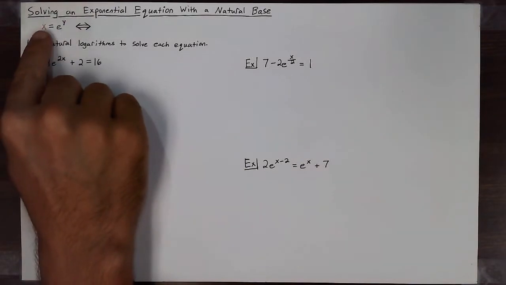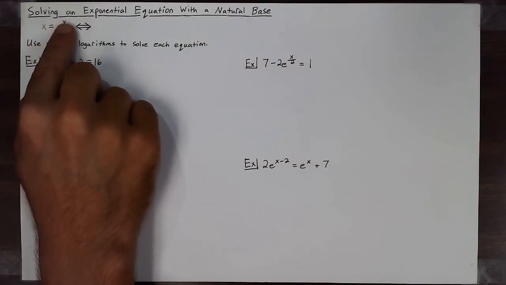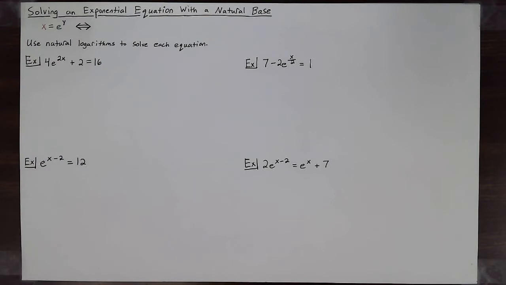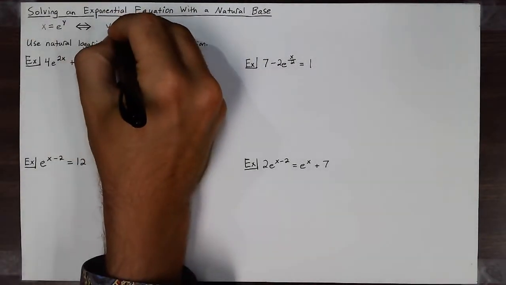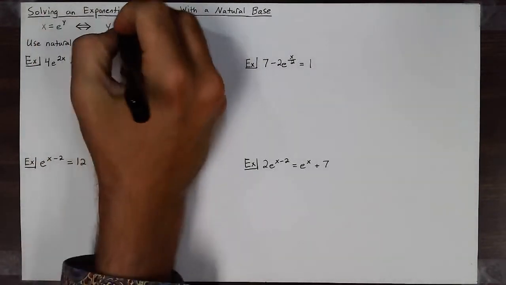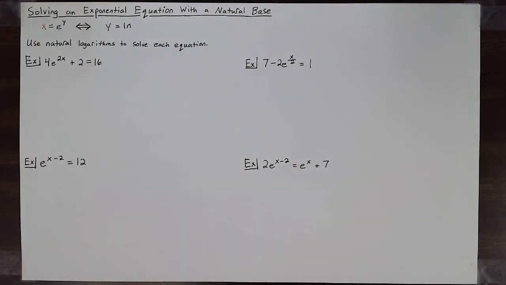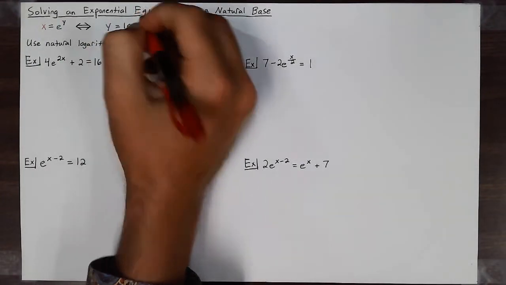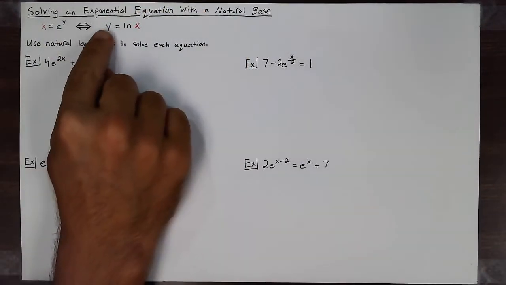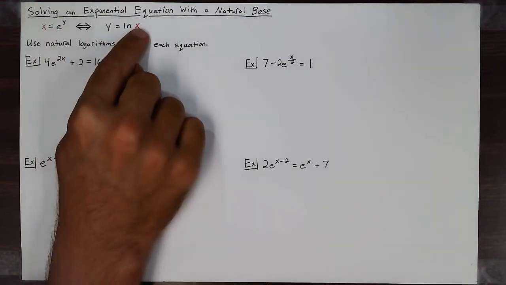So when you see this statement here, x is equal to e to the y, this is equal to y is equal to, because that's the exponent, and since that base is e, it will be the natural log of the other side of the equation, x. Because again, y is the exponent, you raise e to get x.